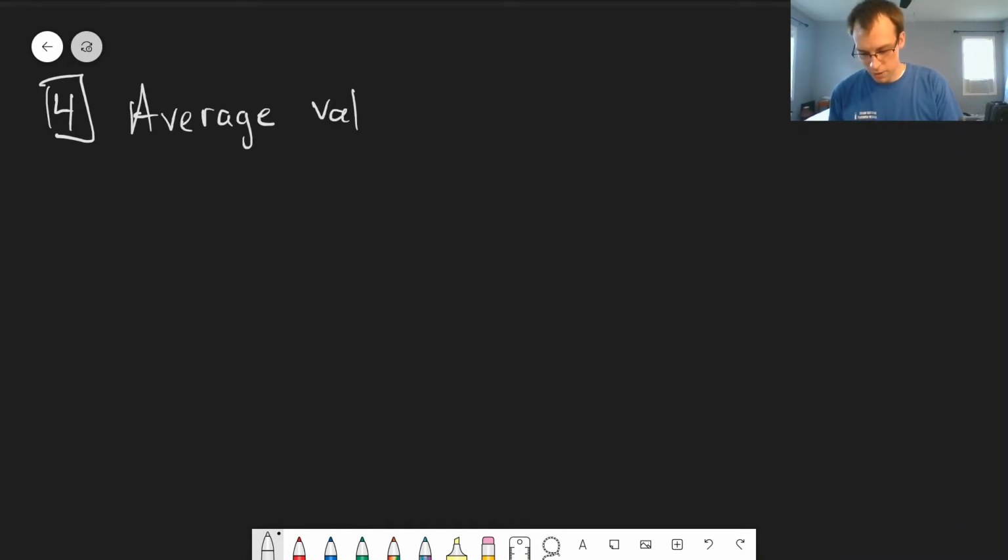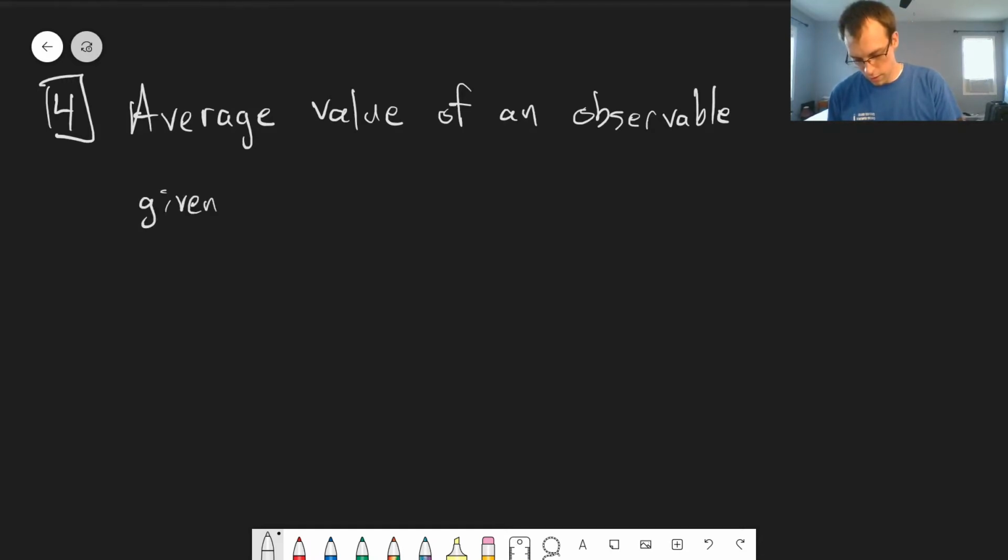the average value of an observable is given by the following equation. We've already seen this with the momentum and position operators we looked at in the last chapter for the particle in a box, but this is now generic.